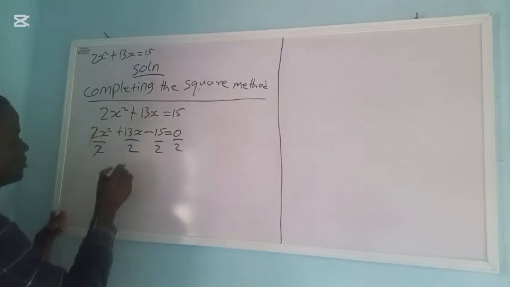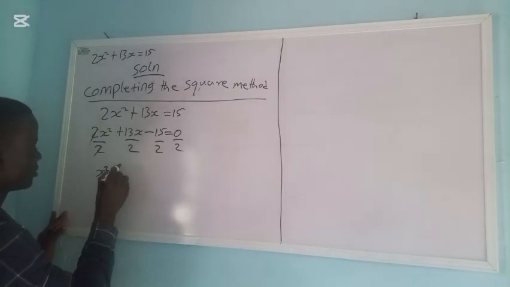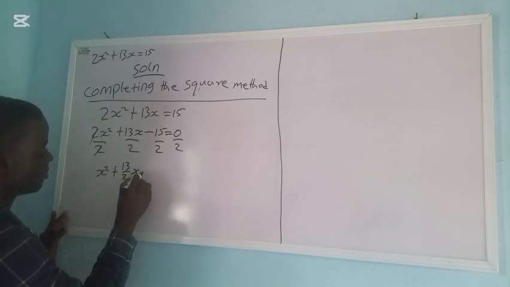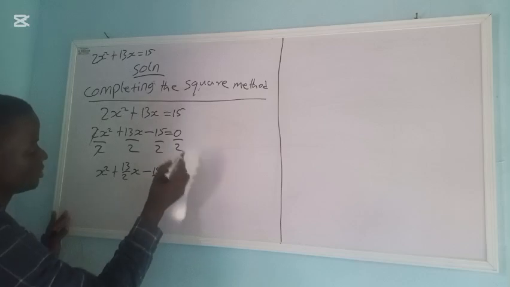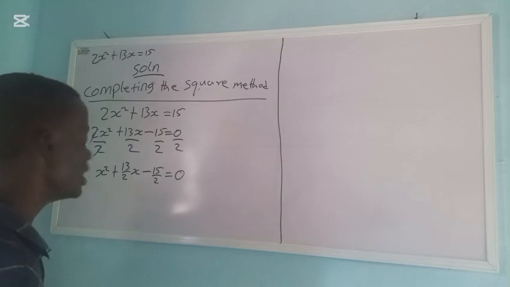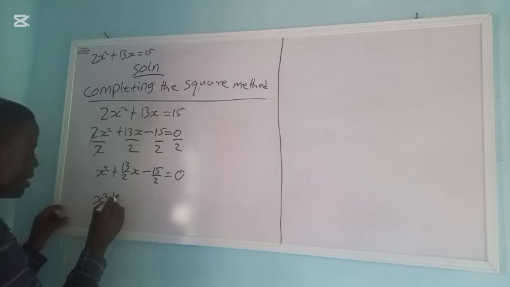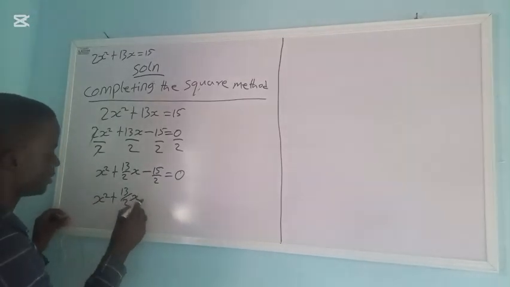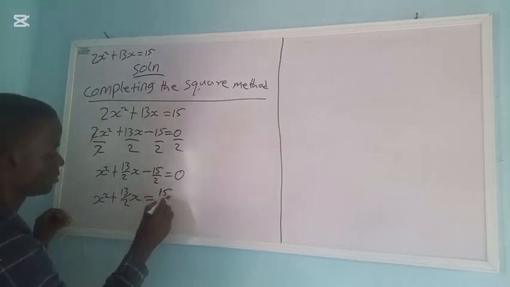So we have x squared plus 13 over 2 x minus 15 over 2 is equal to 0. 0 divided by 2 is still 0. Now let's carry this one to this side. It becomes 15 over 2.